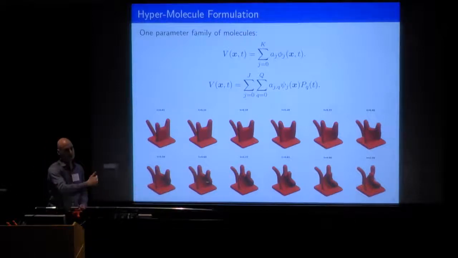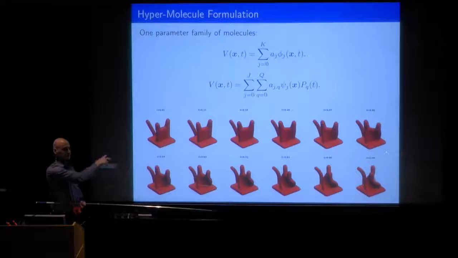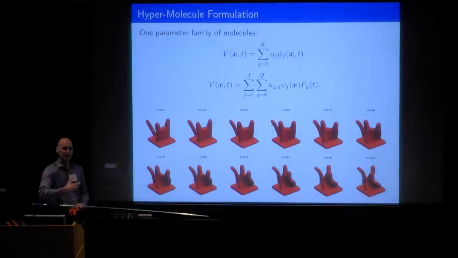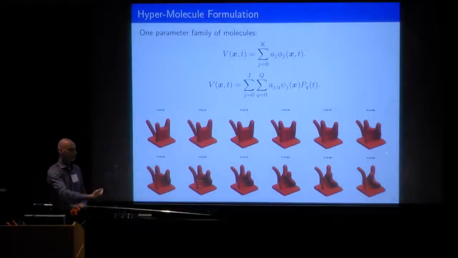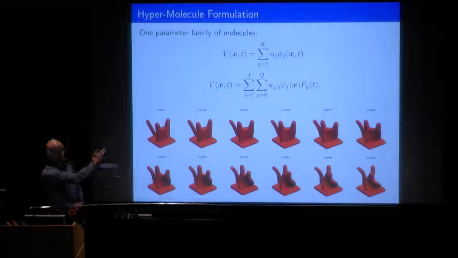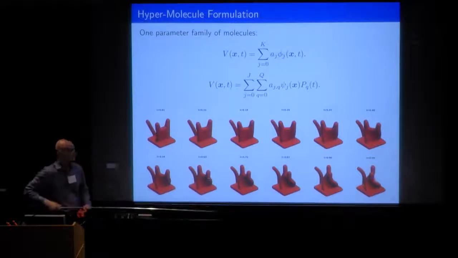There's this additional information that exists just by the fact that we're aligning these things and ordering them, much like this additional information exists and can be used when we go from class averages to three-dimensional objects. So we call these things hypermolecules. It's just higher dimensional functions.